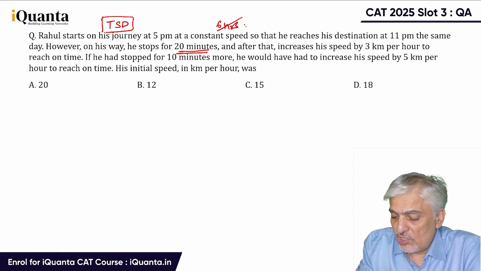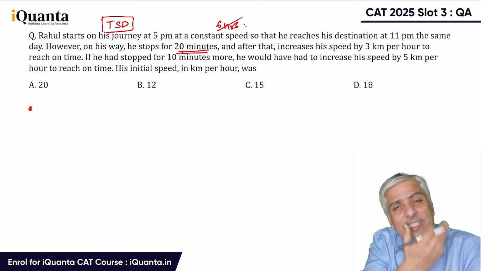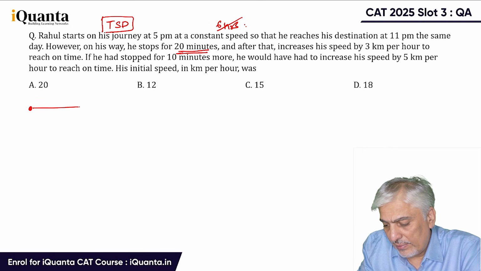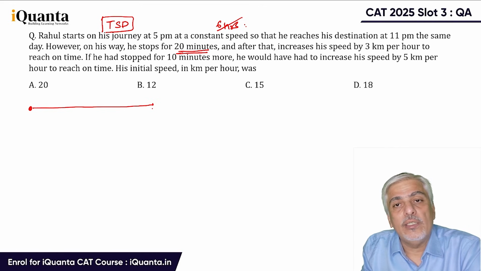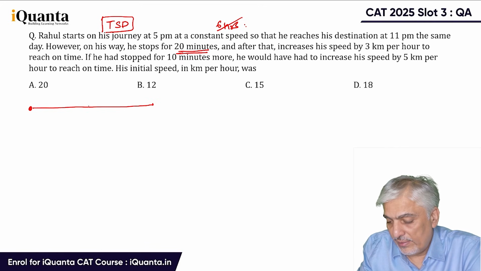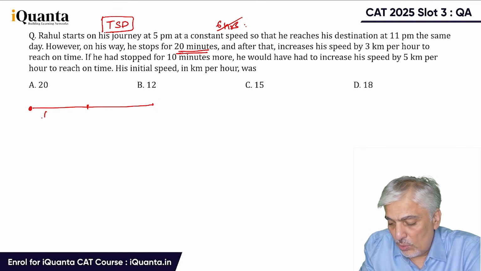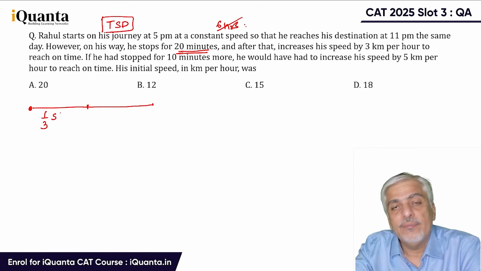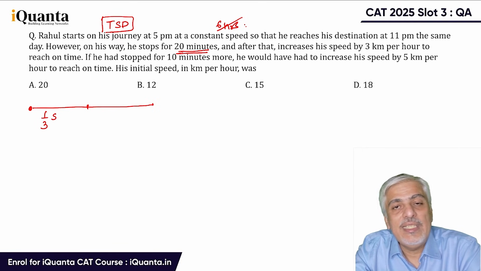In the second part of his journey, suppose he took a halt over here. If he had not taken the halt, in that 20 minutes, which is 1/3 of an hour, he would have covered a distance equal to 1/3 into his speed, 1/3 s, but he didn't do that. He stopped there for 20 minutes.